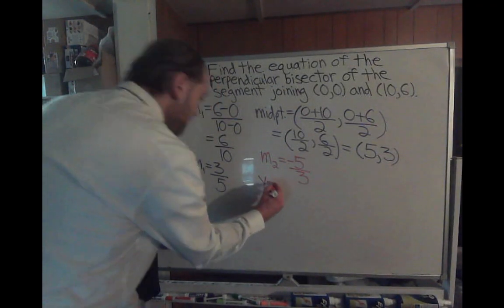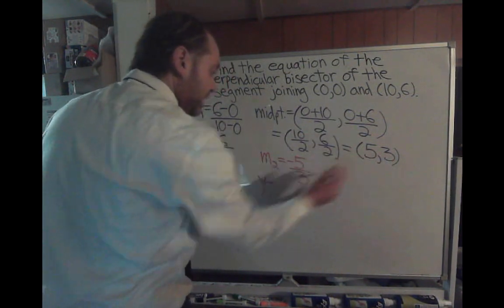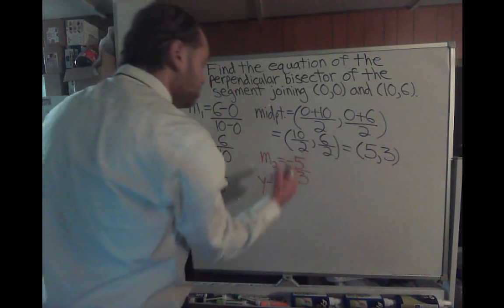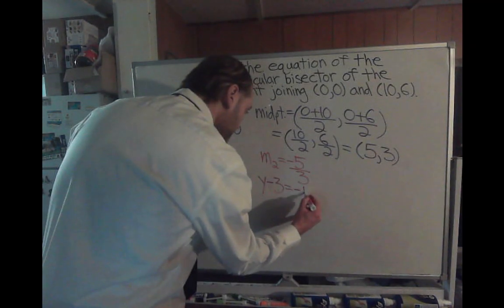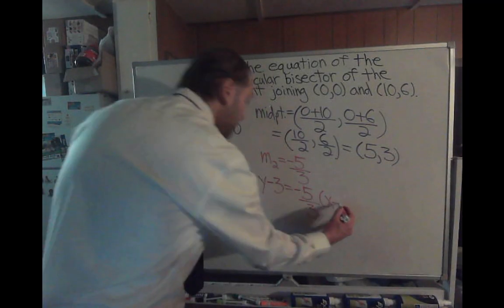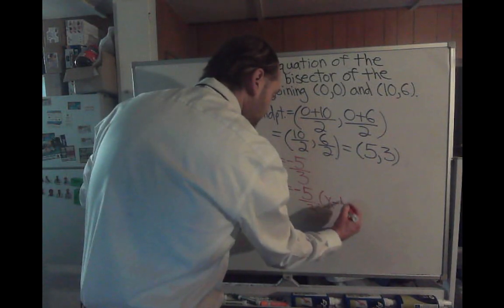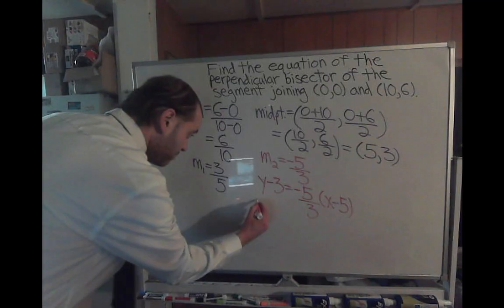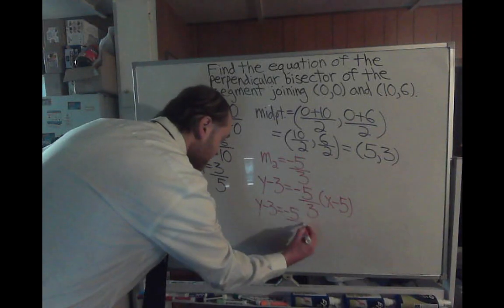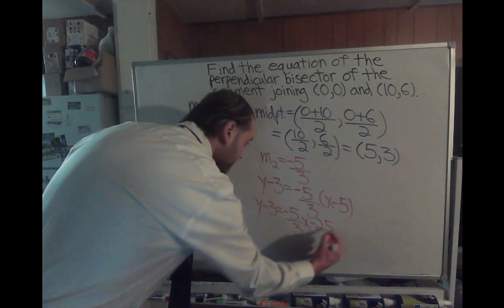So take y minus the y coordinate of the midpoint, y minus 3 equals that slope of negative 5/3 times x minus the x coordinate of the midpoint, which would be 5. So you'll end up with y minus 3 equals negative 5/3 x minus 25/3.